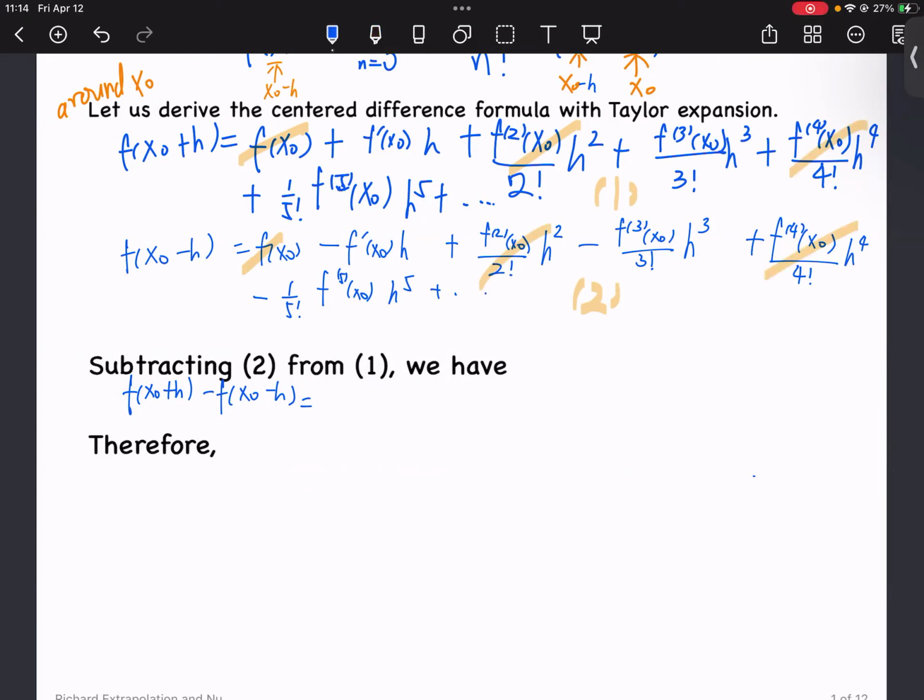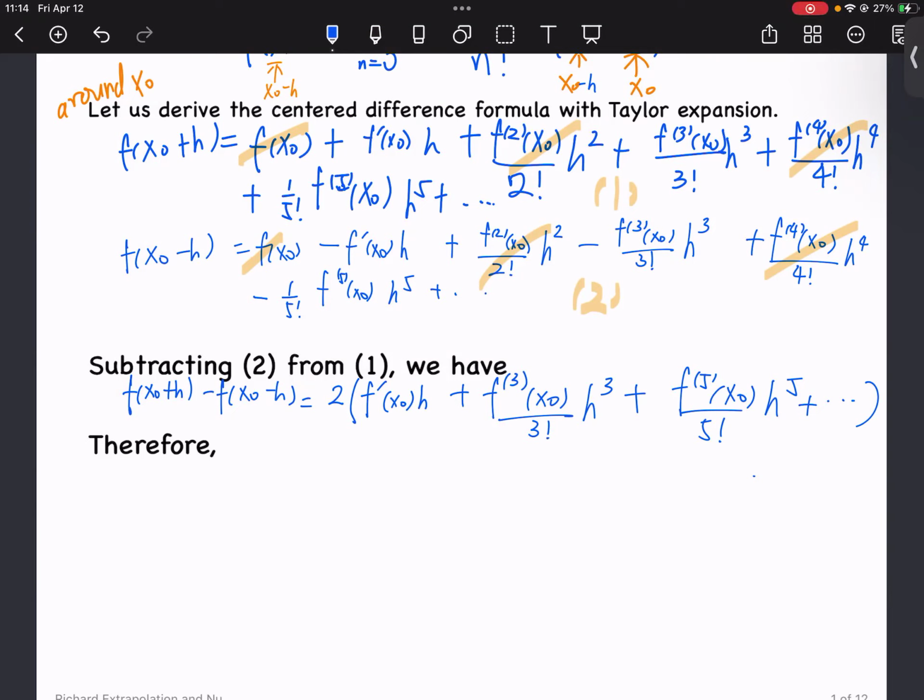So I got 2 f prime x0 h plus, everything gets doubled for the odd index terms, and then there are some terms coming after it, but all of them are higher order.